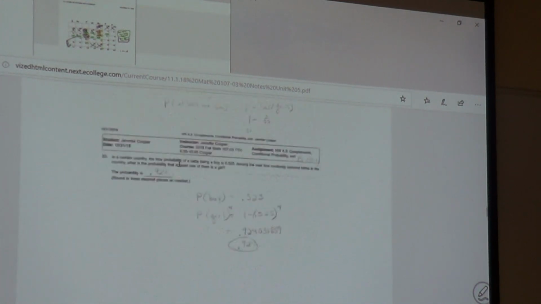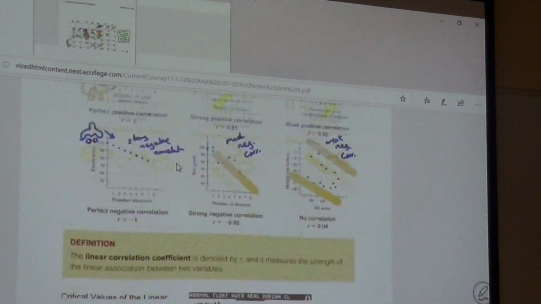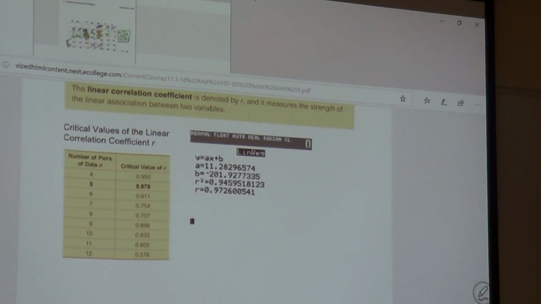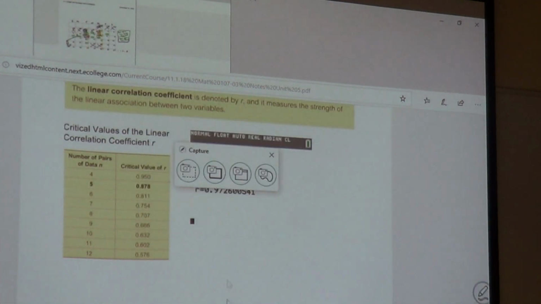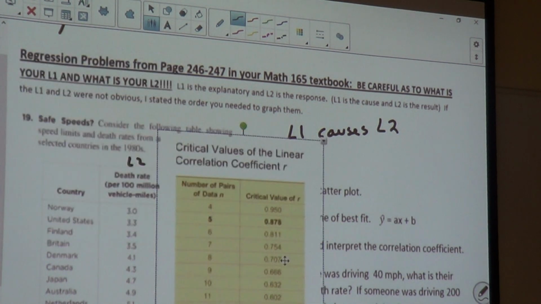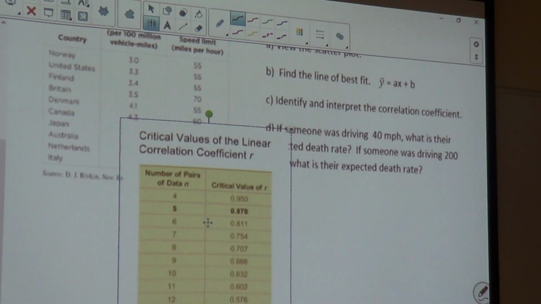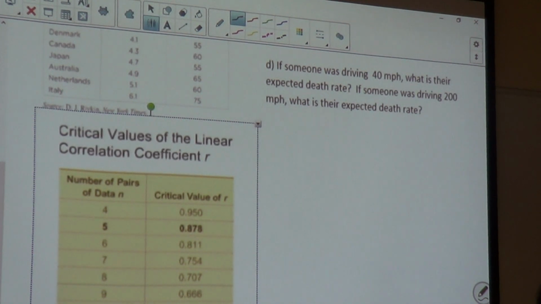Zoom 9 means look at me. And I'm gonna add this critical value chart. We're gonna determine if it's a good equation or not using this critical value chart.